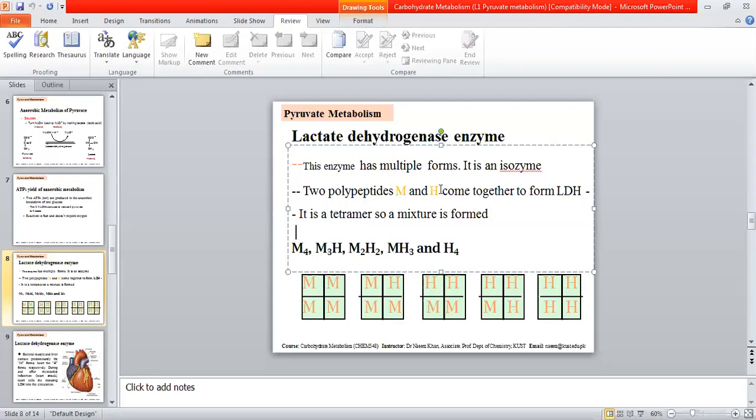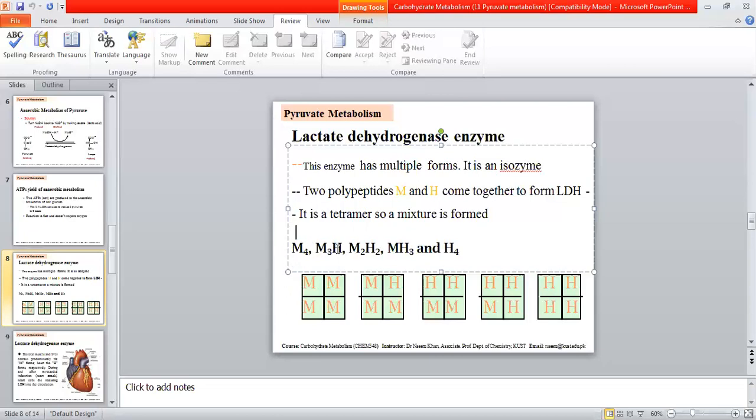M and H are designated because of their presence in skeletal muscles and in heart muscles. So the 4 chains are of 2 types, M or H, and depending upon the composition, 5 forms are possible. M4, when all 4 chains are M, is predominantly present in the skeletal muscles.